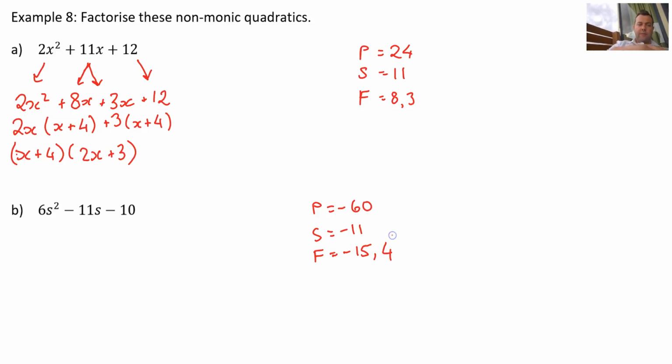Come back over here. We break this up. 6s squared is still 6s squared. My negative 11s is minus 15s plus 4s. Together they still make negative 11s, minus 10. What we've done is we've split the negative 11s into two different terms here. Now we group by pairs.